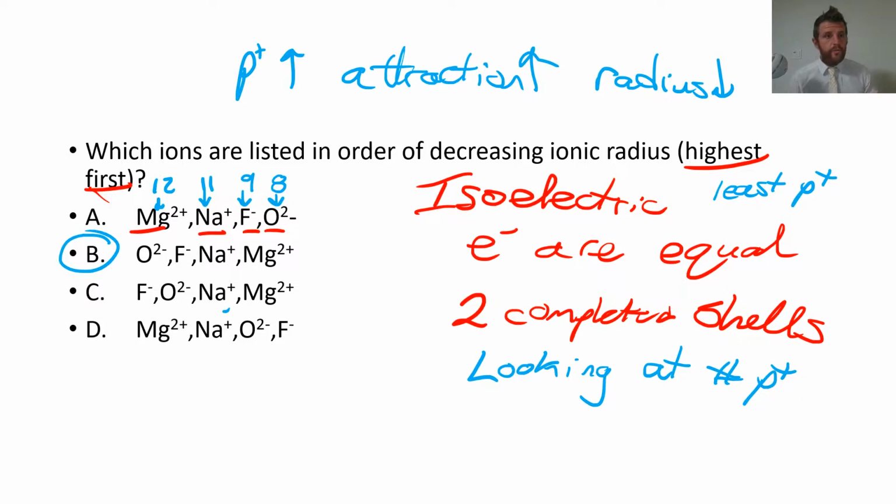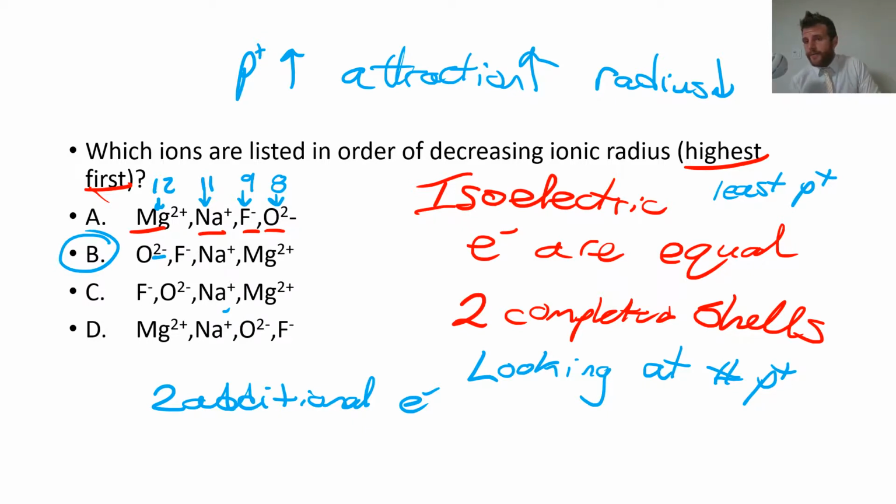For O2 minus here, we've added 2 additional electrons with the protons staying the same, so we get added repulsion without the nucleus being able to effectively pull the electrons in. So the radius will just get bigger and bigger the more electrons we add if the protons stay the same. Same idea, but reversed for a cation.